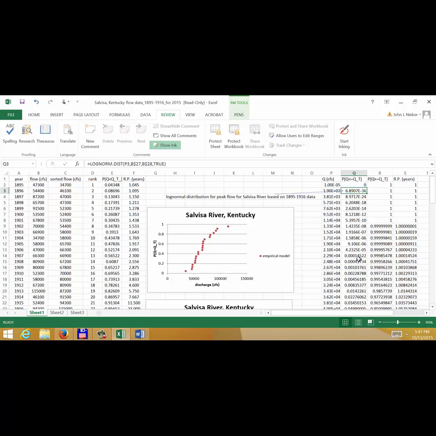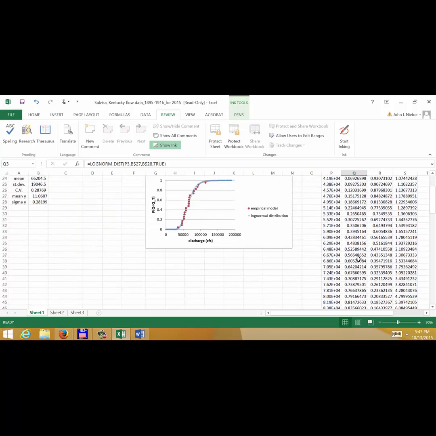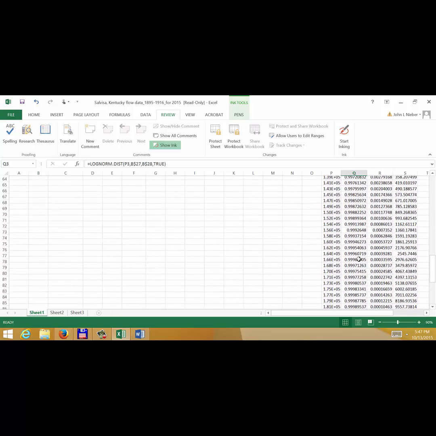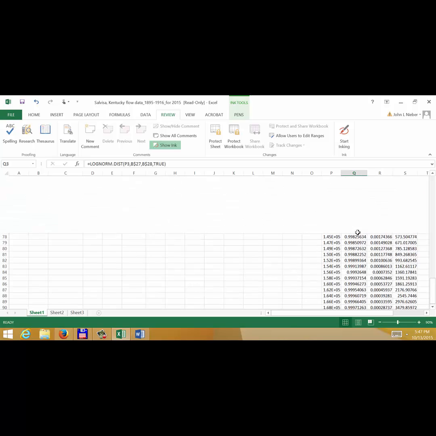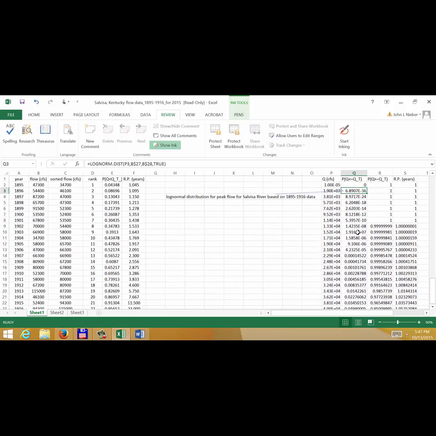And it increases to the point where when I get to 190,000, we're pretty close to 100%, or 1.0, for the probability of Q being less than that value.